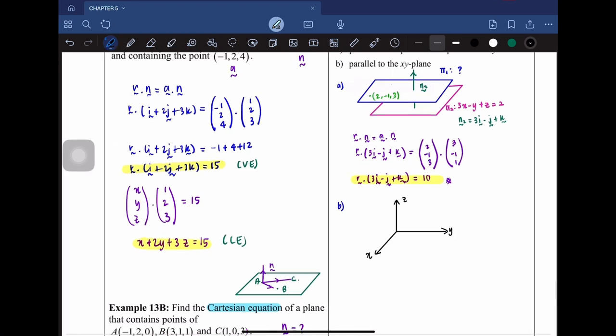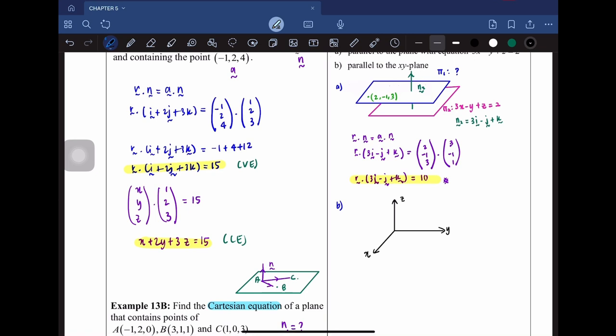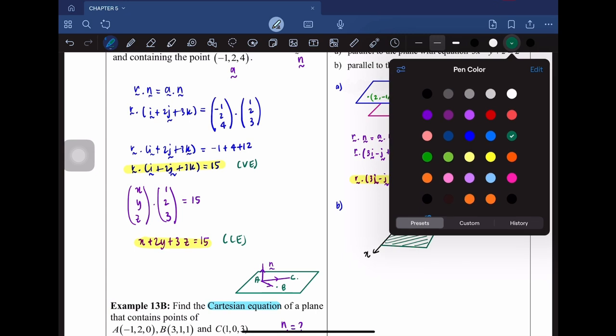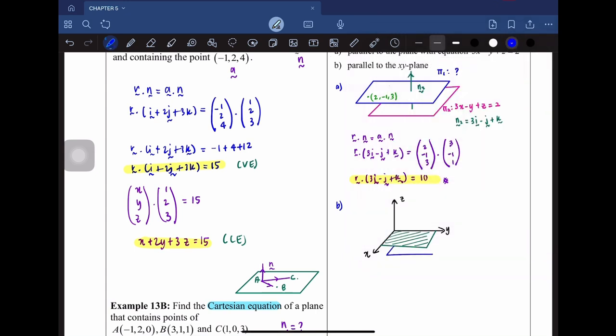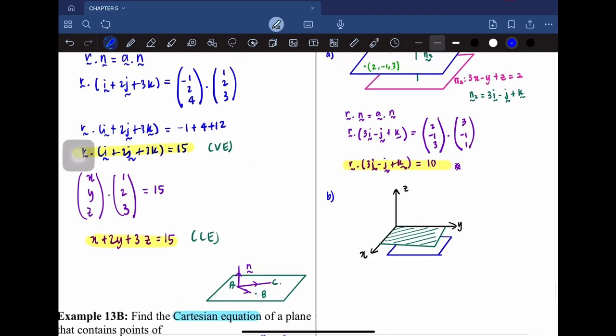Okay, so it says that our plane is parallel to the xy plane, this is our xy plane. Okay, this is our plane. Okay, so we have an equation of the plane that we don't know.